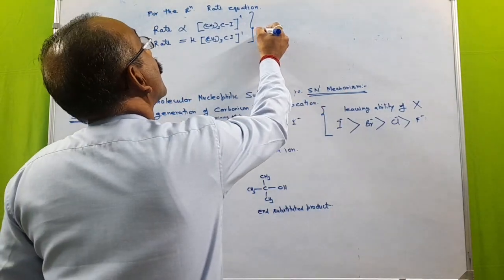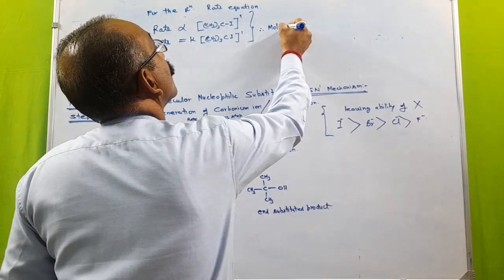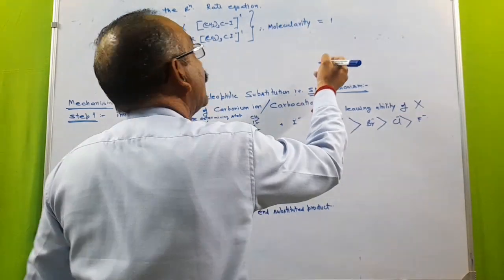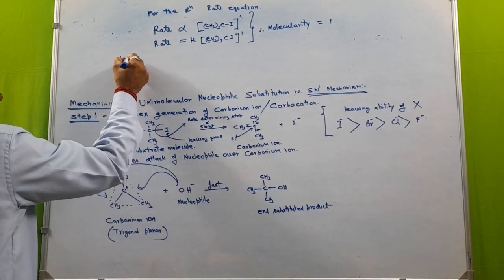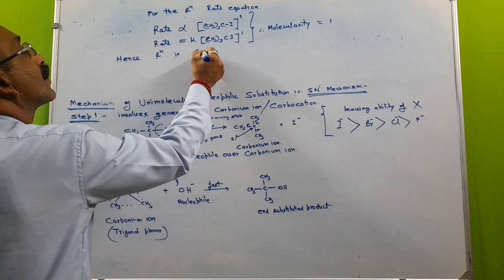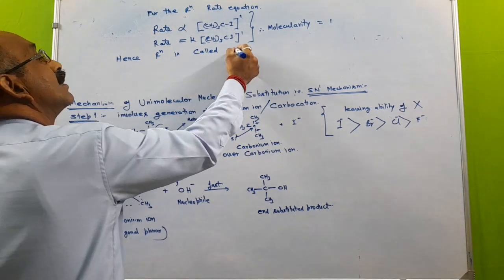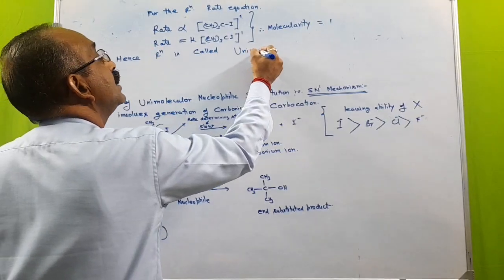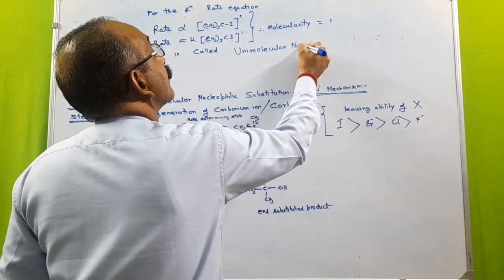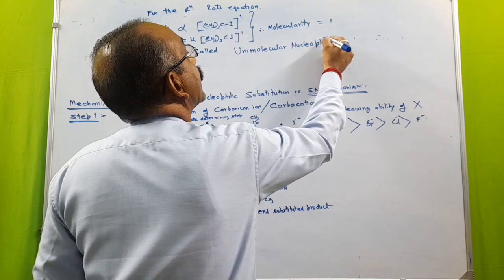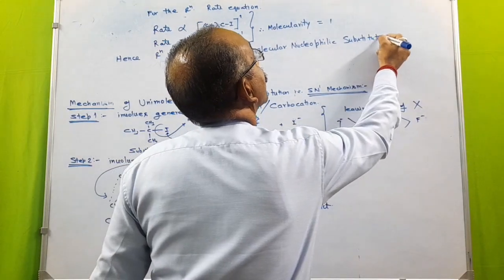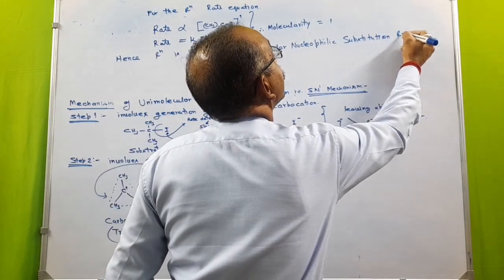So here the molecularity will be 1, and hence this reaction is called unimolecular nucleophilic substitution reaction.